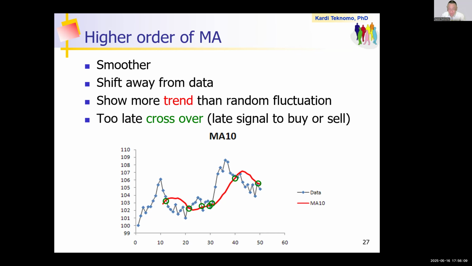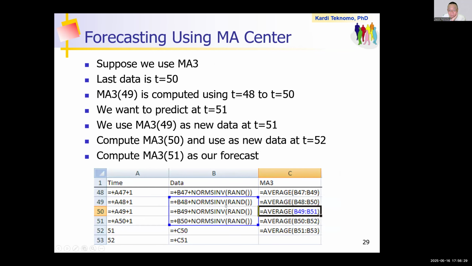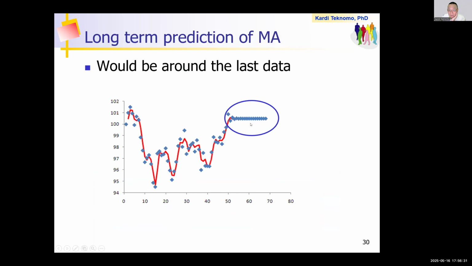Then they create what is called MACD, for example. So forecasting is just a continuation of that. This one is the way to forecast. This is using center, so you will get something like this. Not so nice.